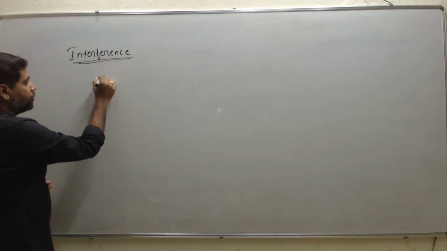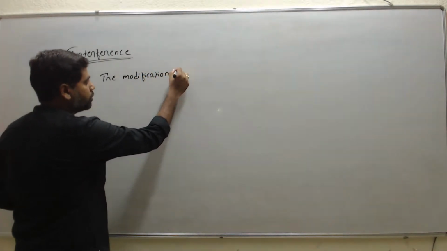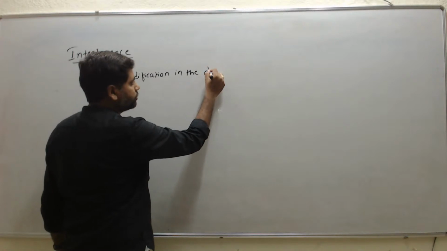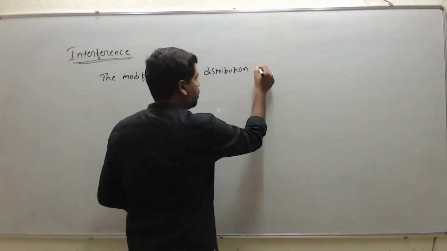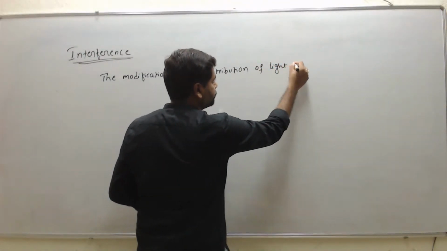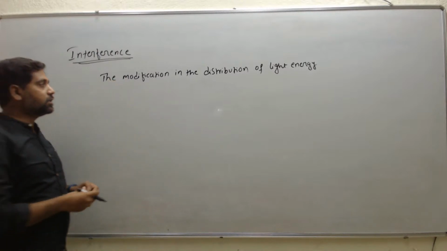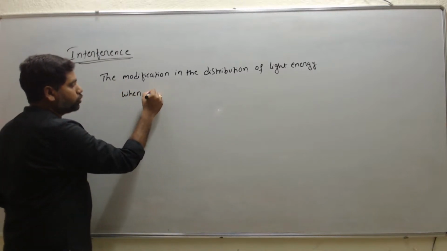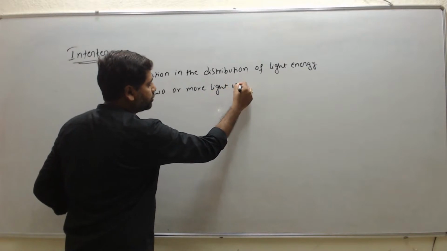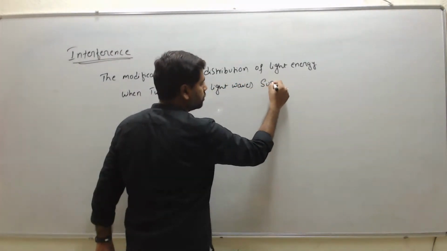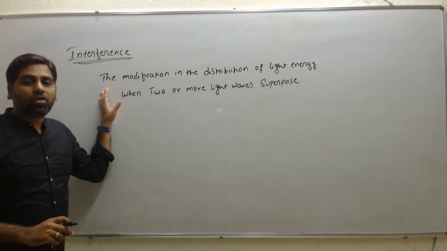So interference is the modification in the distribution of light energy when two or more light waves superpose, then the phenomenon we call as interference.